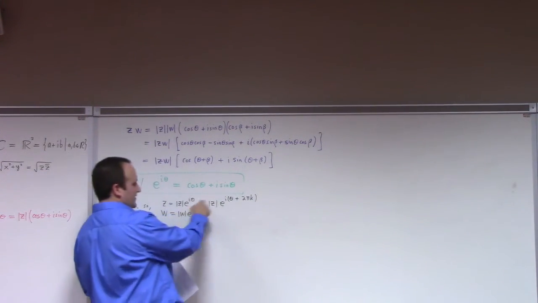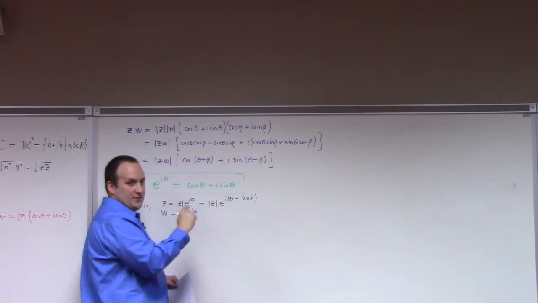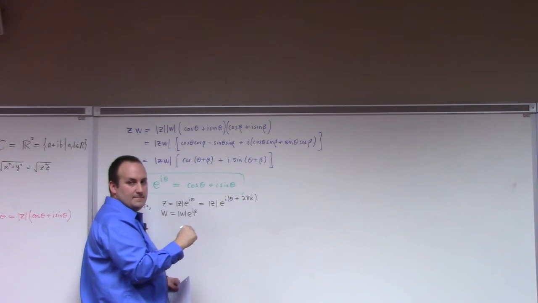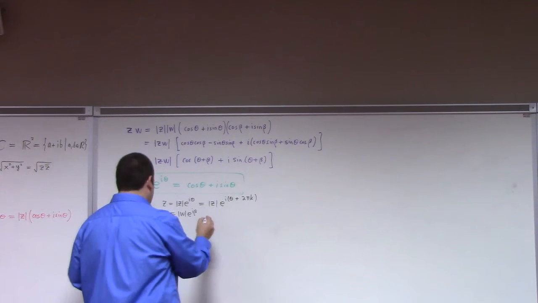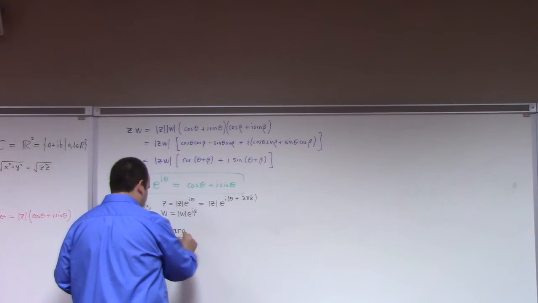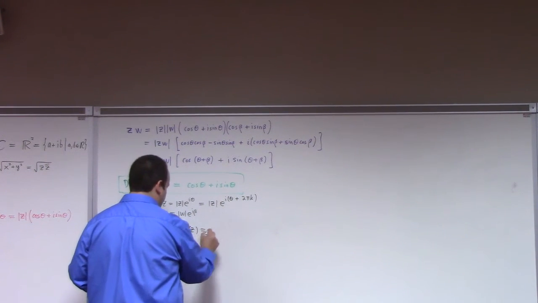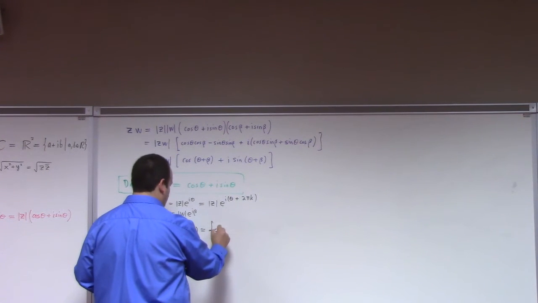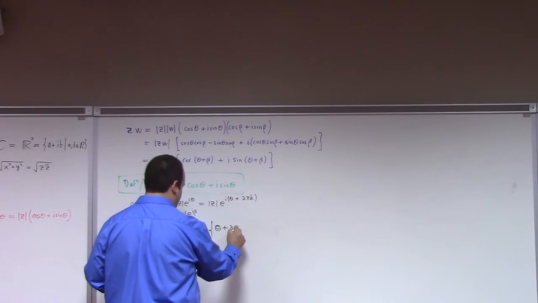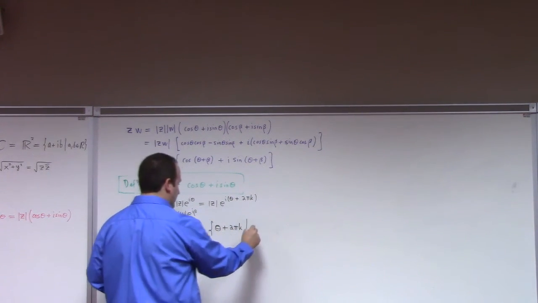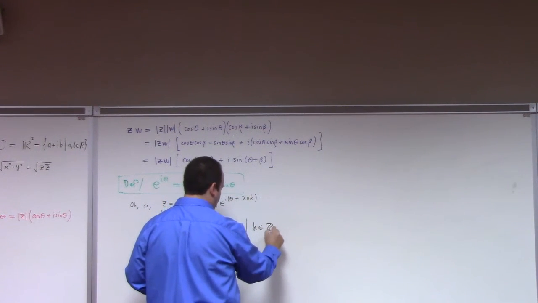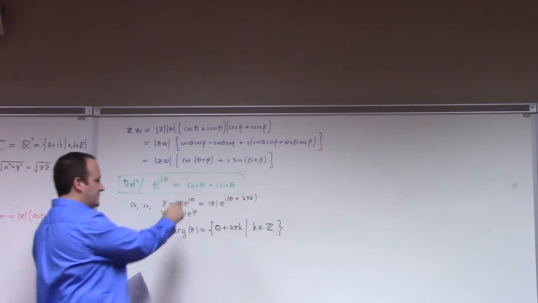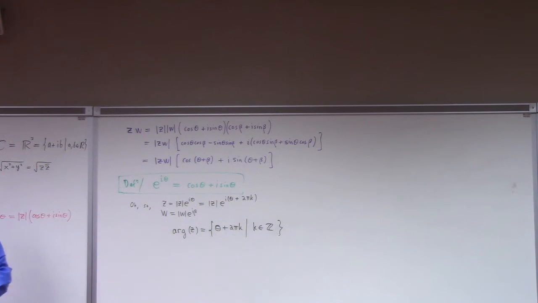Is it this theta or is it this theta? There's a degeneracy. So by definition, the arg, little arg of z, is equal to theta plus 2 pi k, such that k is an integer, where theta is implicitly defined by the equation above.